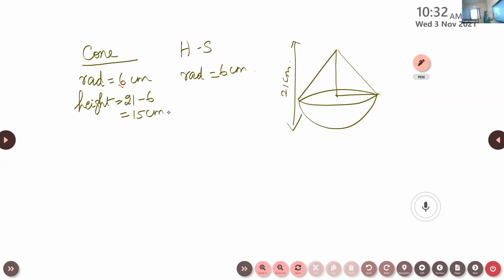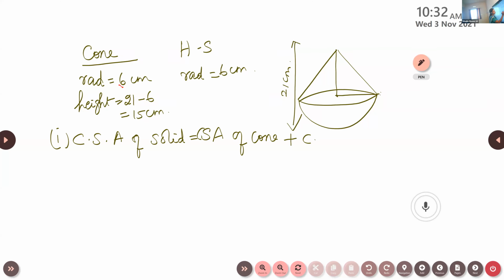The first thing we want to find is CSA. What is the CSA of the solid object? Two things are there, so you can divide it into two parts: cone and hemisphere.